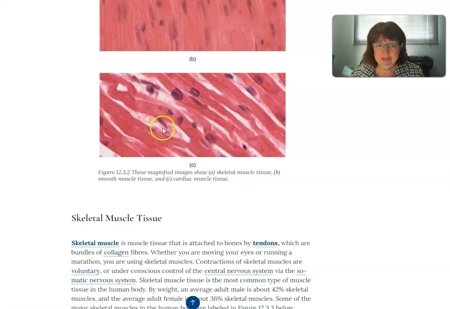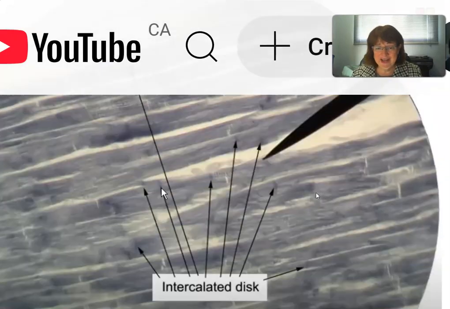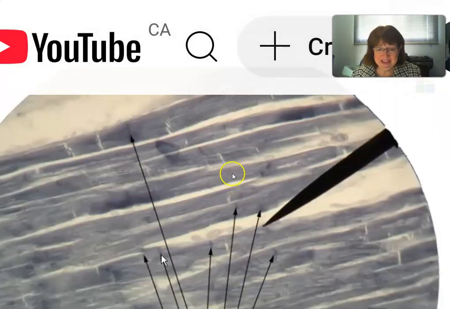The last type of muscle is cardiac muscle. So here you can see it's branched, and there are something called intercalated discs, which is very unique to cardiac muscle, but hard to see here. So let me find the other image. Here I'm pulling in another picture of cardiac muscle, and cardiac muscle has the branches.